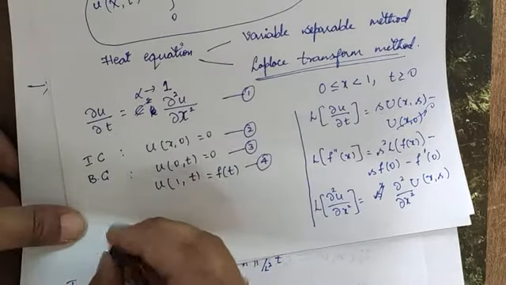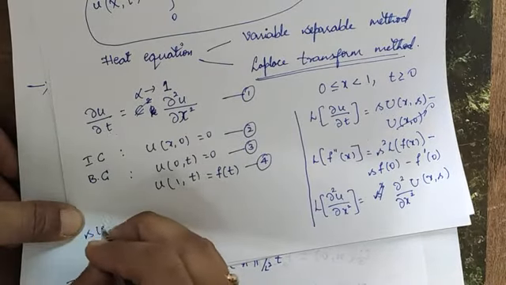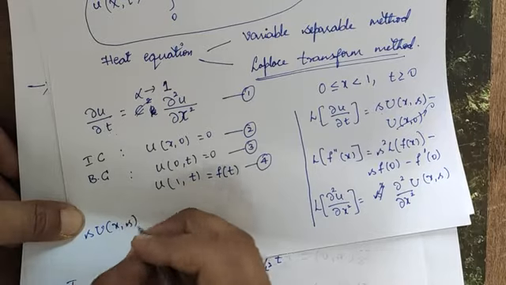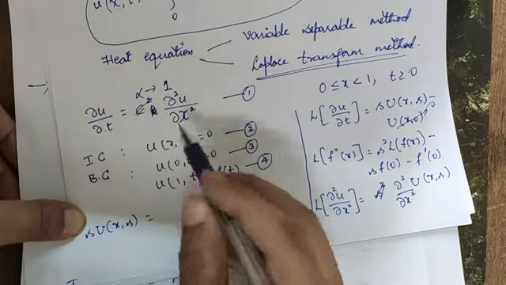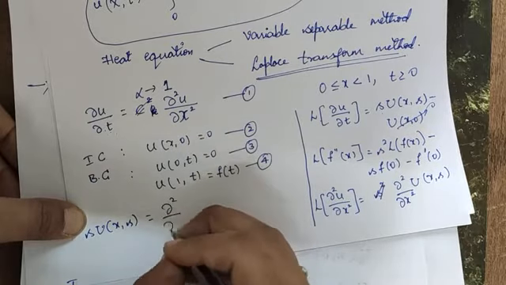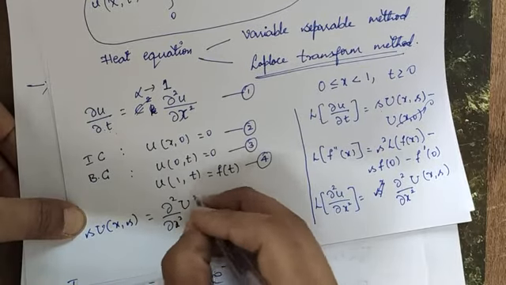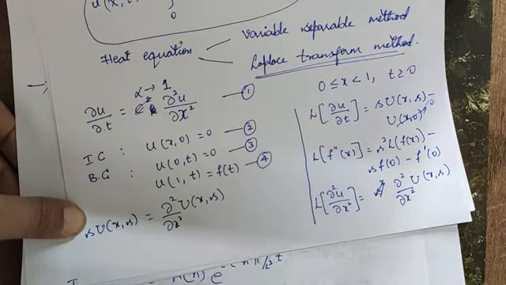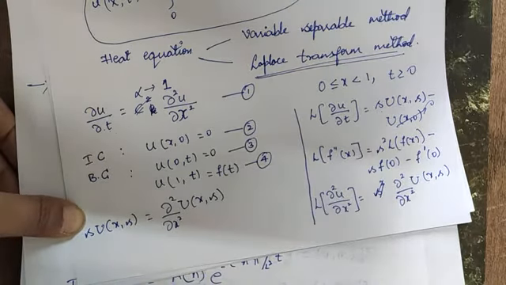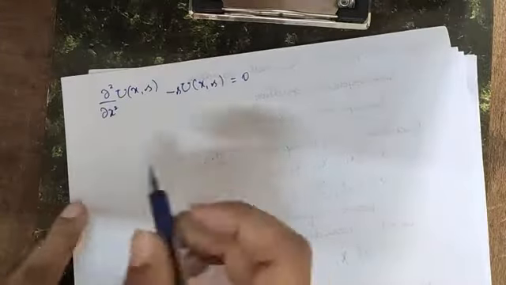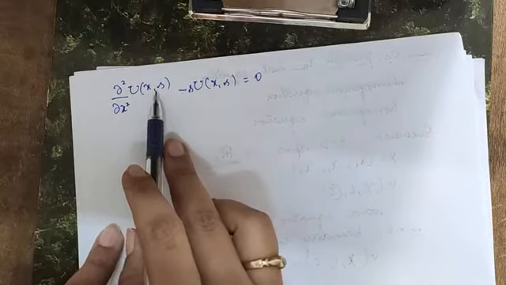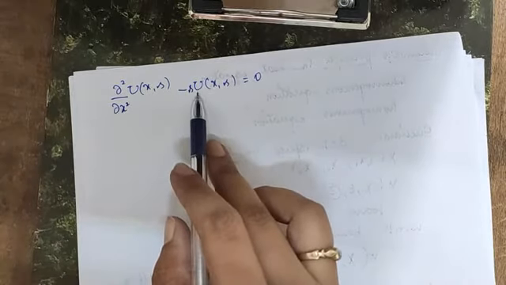So in the left hand side, I will get s into u of x comma s, which is equal to, since I am applying with respect to t, dou square by dou x square into u of x comma s. I can rewrite this equation as dou square by dou x square into u of x comma s minus s into u of x comma s is equal to 0.